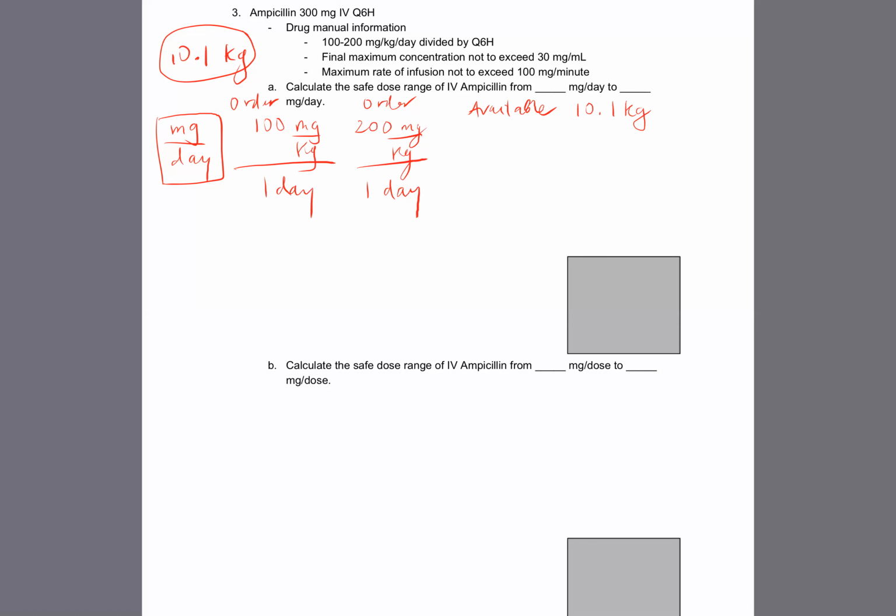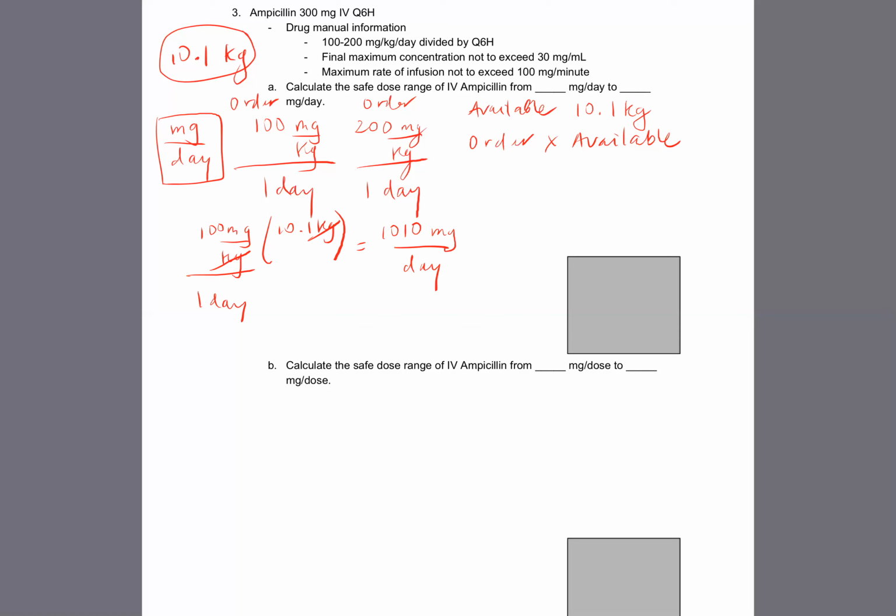So let's go ahead and follow our equation: order times available. So starting with 100 milligrams per kilogram per 1 day, we're going to multiply that by 10.1 kilograms. Cancel out the kilograms. And our answer is going to be 100 times 10.1, we have 1010 milligrams per day.